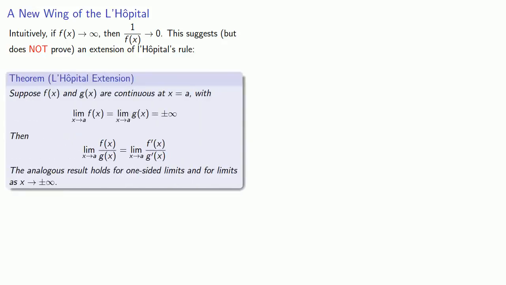As before, suppose f of x and g of x are continuous at x equals a, where our limit as x approaches a of both functions is either plus infinity or minus infinity. Then the limit as x approaches a of our quotient is going to be the limit as x approaches a of the quotient of the derivatives. And the analogous result holds for one-sided limits and for limits as x goes to plus or minus infinity.